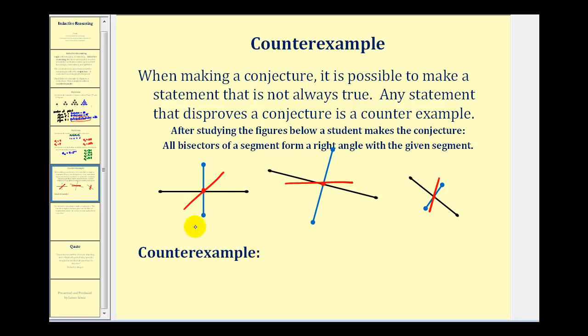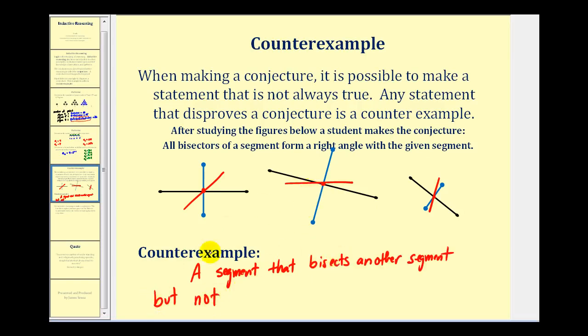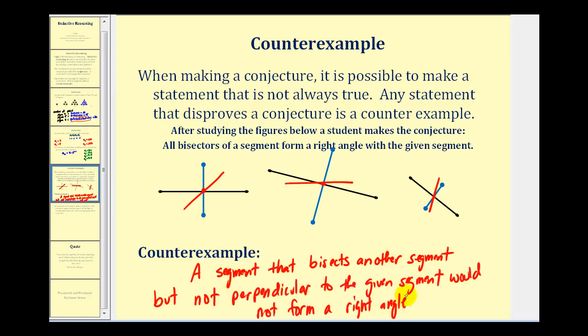We could state the counterexample as a segment that bisects another segment but is not perpendicular to the given segment, so it would not form a right angle with the other segment. This statement disproves the conjecture and therefore is a counterexample.